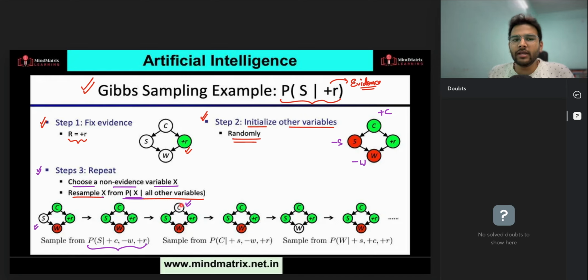Let's say this time you are picking C. The same thing you have to do: resample C this time, so sample from the probability of C given plus S, minus W, plus R. And the same thing you have to continue for all other non-evidence variables, like here you have picked W. You have to keep repeating until you cover all the non-evidence variables, and you can do it many times also.